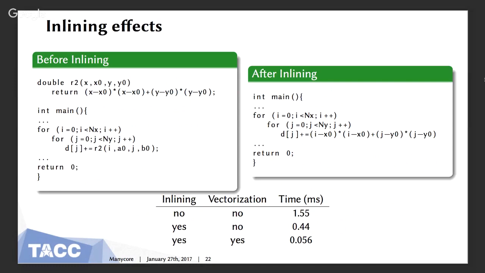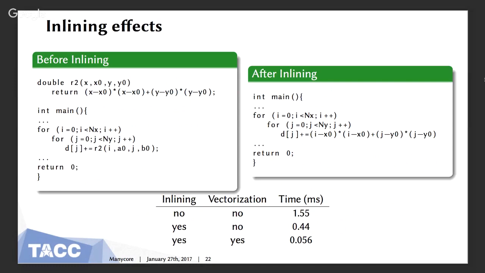Just to give you a sense, this is just a generic timing. I don't even remember exactly where it's from, but it shows the time it takes to complete if your code, or a particular function, is inlined, and if it's been vectorized. So with no inlining and no vectorization, it's about 1.5 milliseconds.